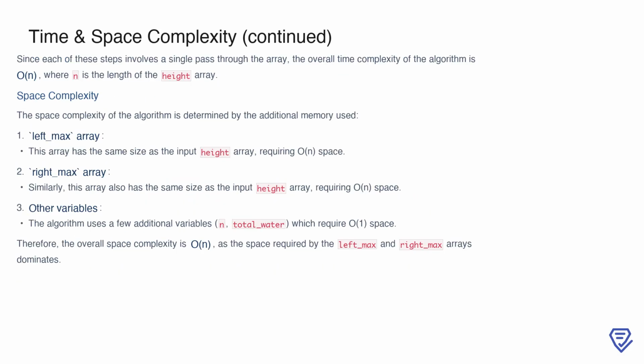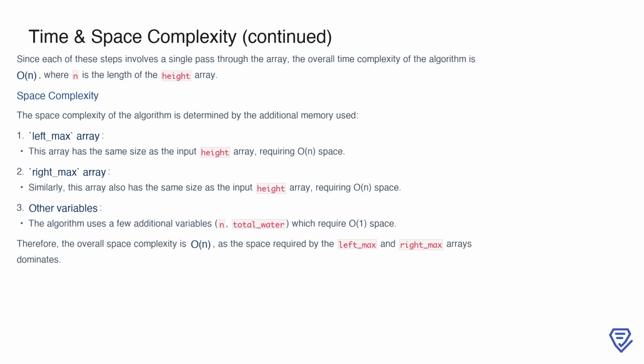Now that we've broken down the individual steps, we can conclude that the total time complexity of the algorithm is O(n). Each of the three passes through the height array is linear, so the complexity scales directly with the size of the input. Shifting focus to space complexity, the algorithm requires additional memory for the left_max and right_max arrays.